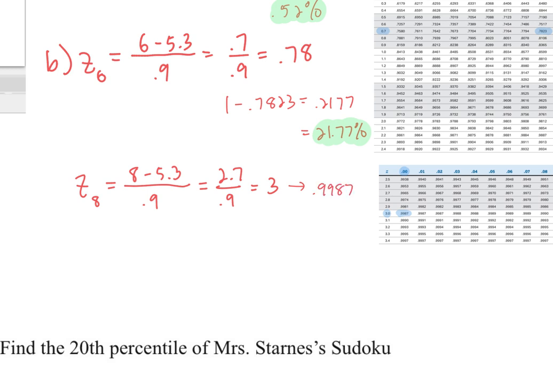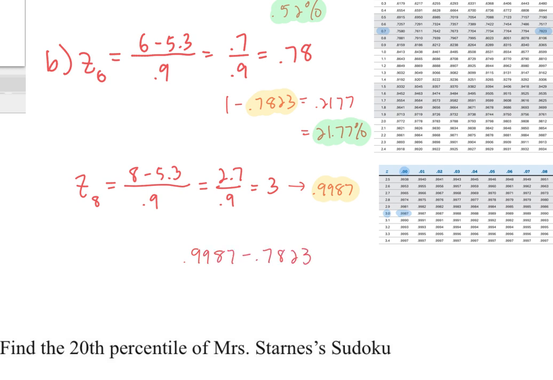So now we're going to subtract this value from the value that we got from the chart for 6.